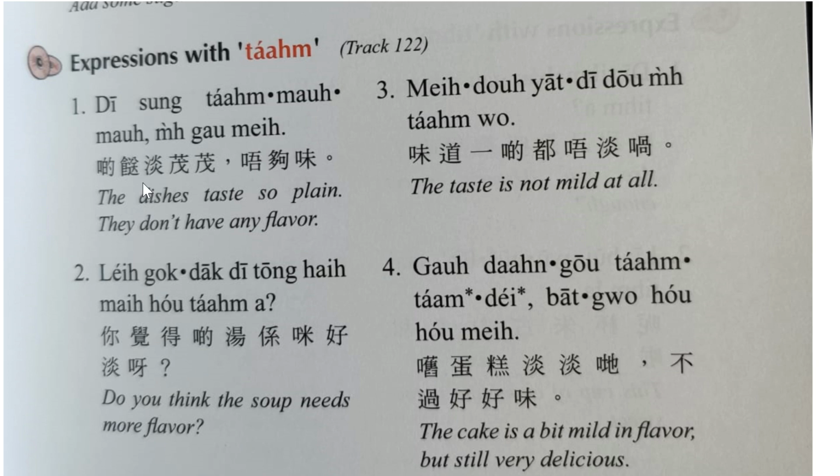And it has a word with 3 characters, for example 淡茂茂, 淡淡地, 好好味.